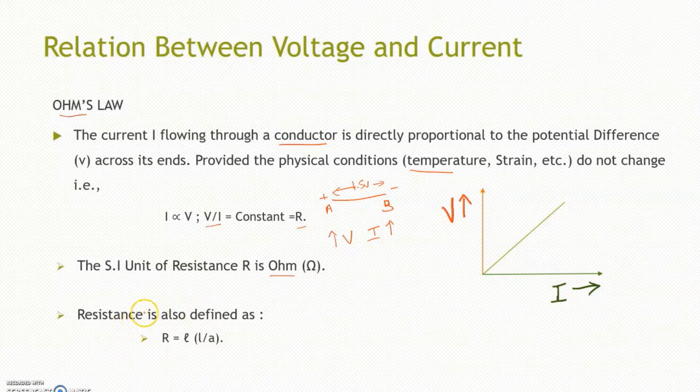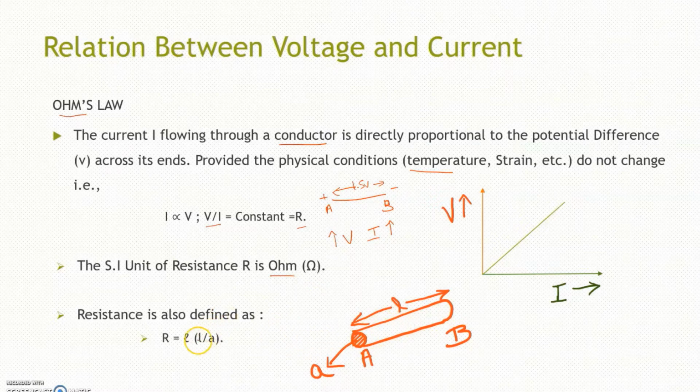Resistance depends on the conductor: it is directly proportional to the length of the conductor and inversely proportional to the area of cross section of the conductor material.